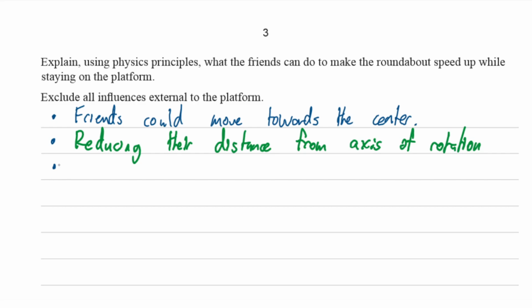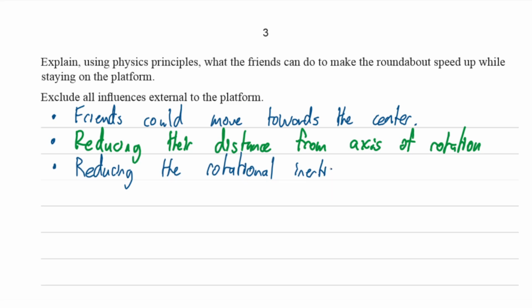So if they come closer to the axis of rotation, they're reducing the rotational inertia of the system. Okay, and now how does that link to them going faster?